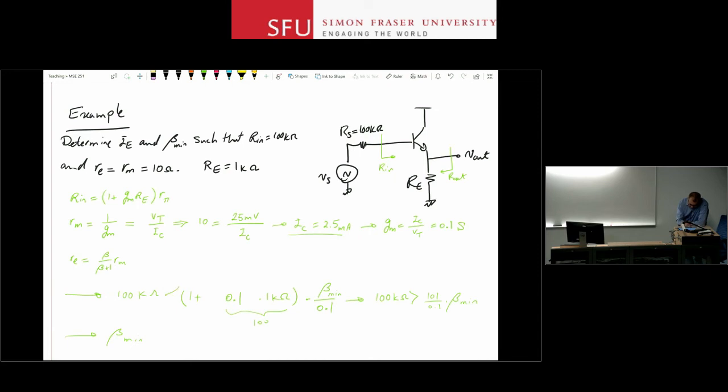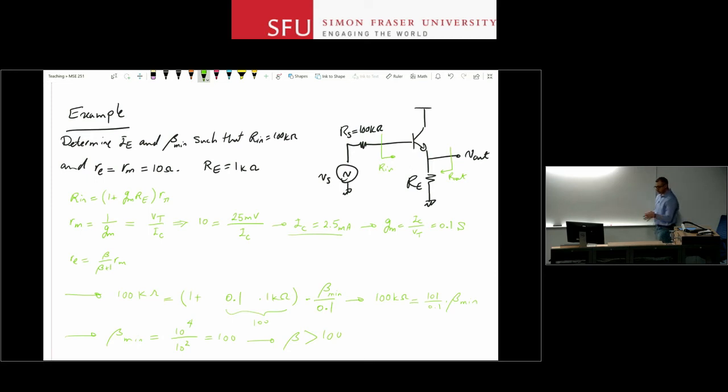So this value should be larger than 100 kilo ohms, right? So beta min, or beta has to be, I can calculate beta min. I can just look at the border here. So this is equal, so beta min has to be 10 to the 4 divided by, let's say, 10 to the 2. 101 is almost 10 to the 2, so that's 100. Or beta has to be larger than 100, okay?